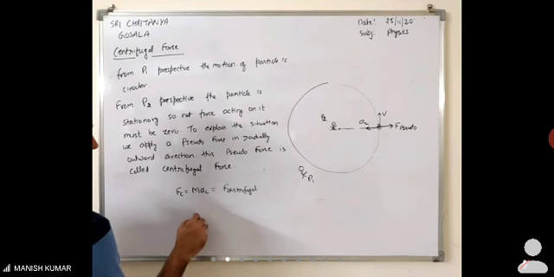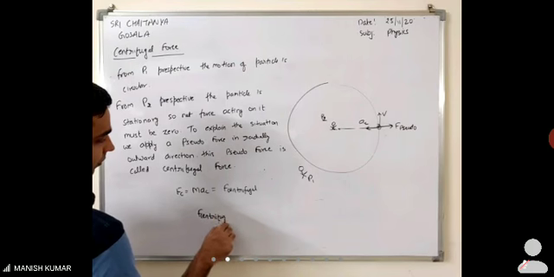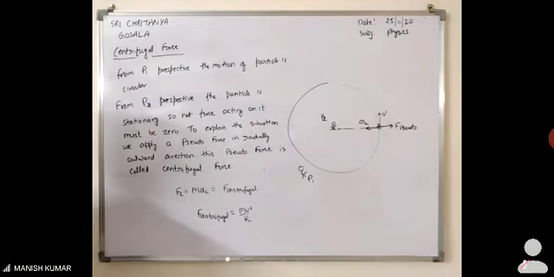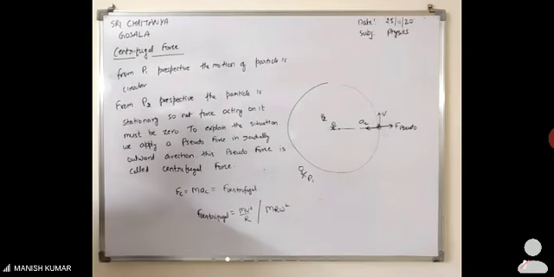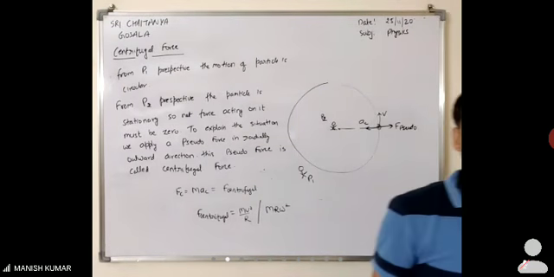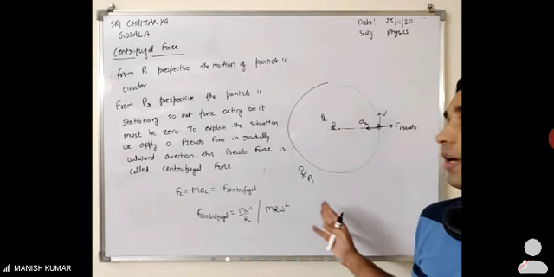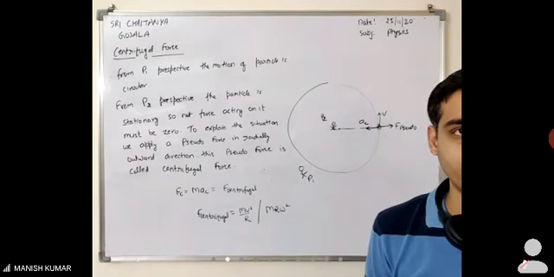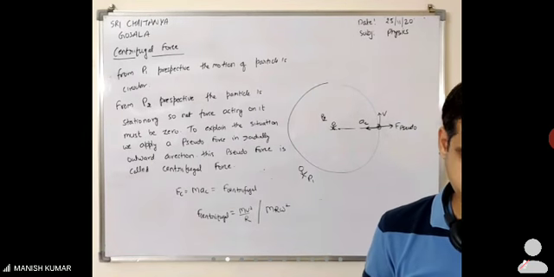So centrifugal force is also of the same magnitude, that is mv square by r, or m omega square r. So when you observe the particle from the rotating frame, then only you need to apply the centrifugal force. I will take questions so that it will be more clear.